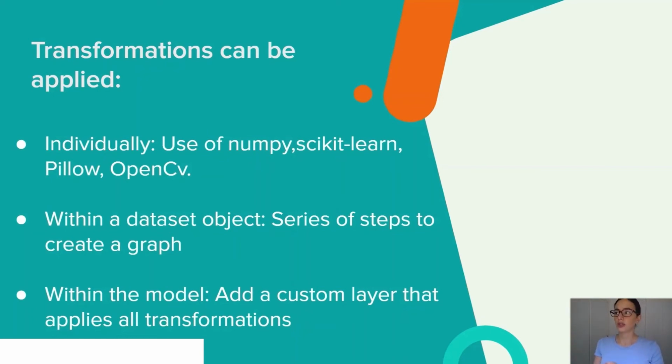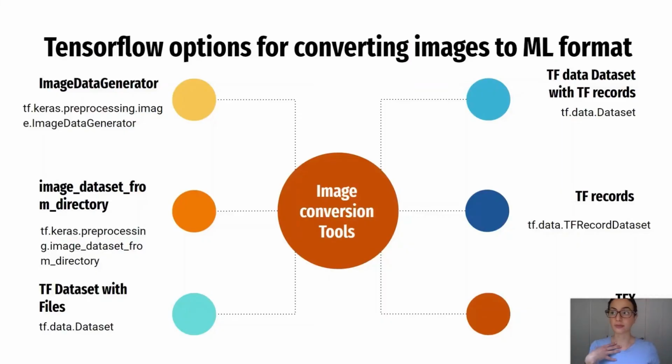But these transformations can be applied individually within a dataset object, which means we apply these transformations as a series of steps to a bunch of images, or also within the model, which means that we add a custom layer that applies all transformations after the input layer, but before the machine learning calculations are actually done.